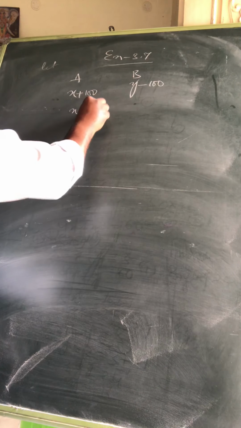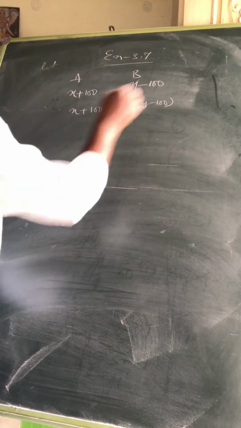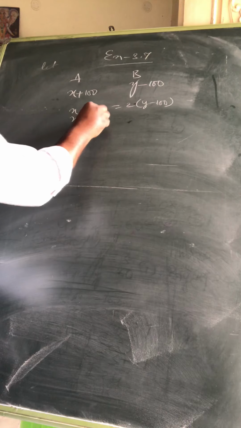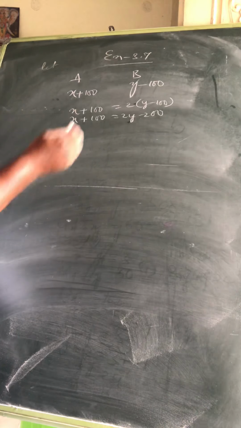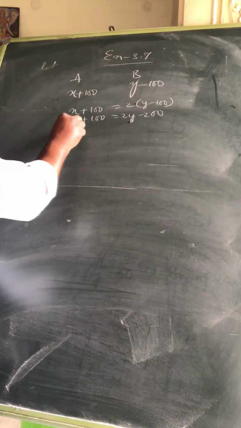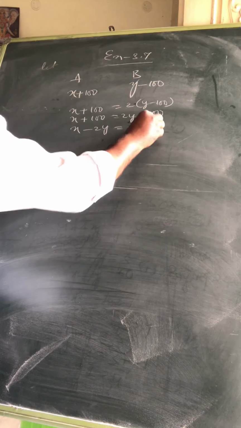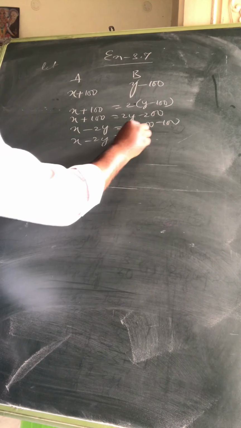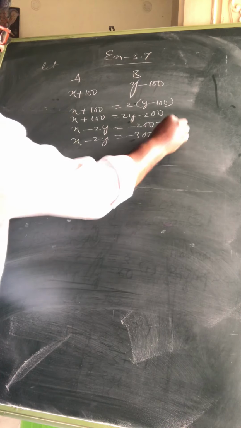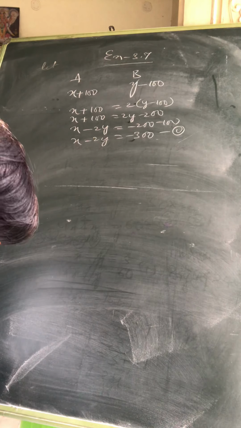Therefore, x plus 100 is equal to 2 into y minus 100. So, x plus 100 is equal to 2y minus 200. Taking all the variables to one side, x minus 2y is equal to minus 200 minus 100. x minus 2y is equal to minus 300. It is the first equation.